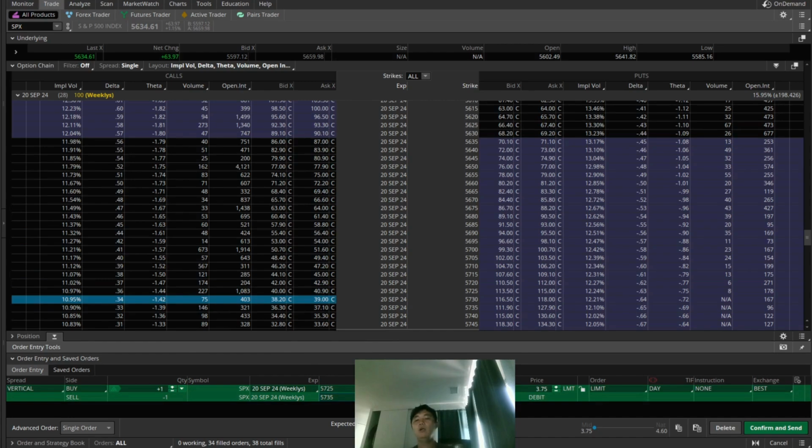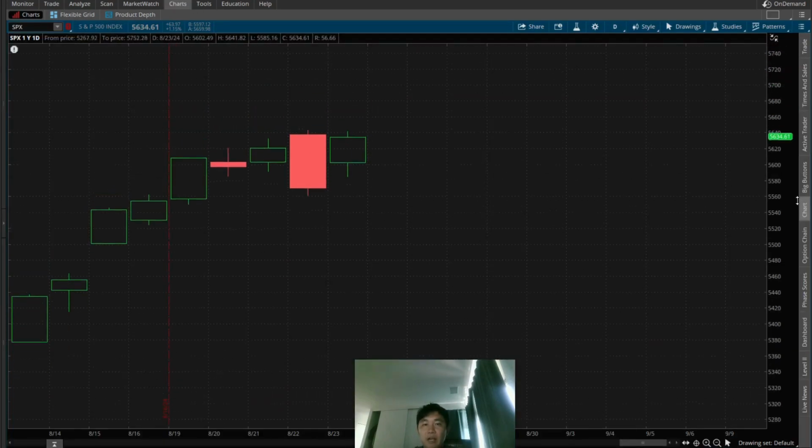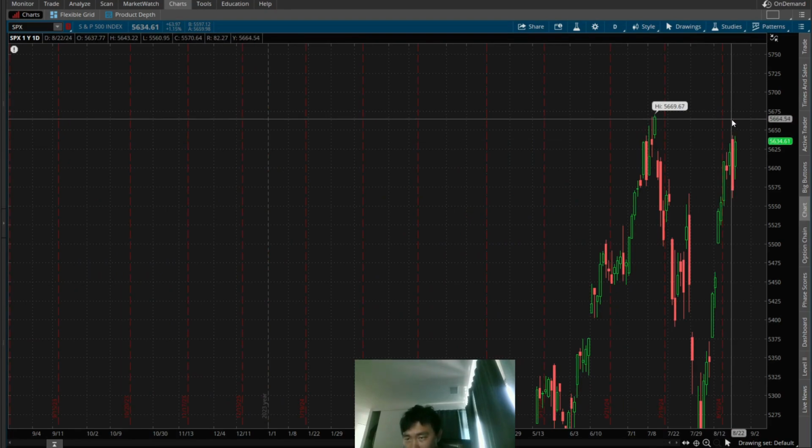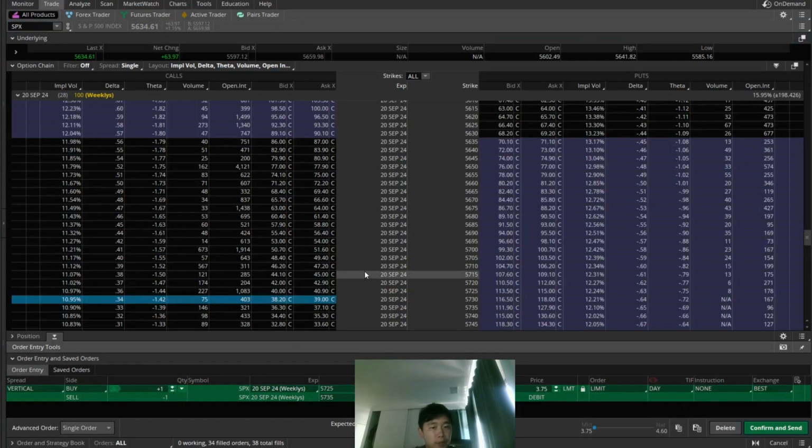Okay, here we go. This is a bullish vertical where you can make $10 and you pay $3.75 to get into the trade. If we wanted to know what the pricing would be if SPX moved up to its all-time high, which is only about 40 handles from here, the way you would do this is, say this is where the spread that you purchased is, you can just move it down by 40 handles.